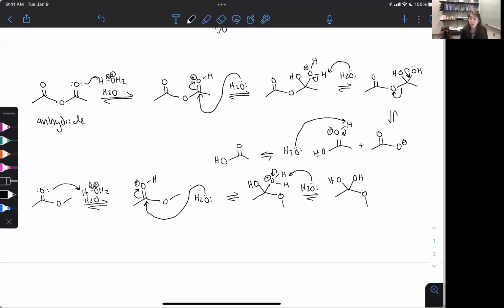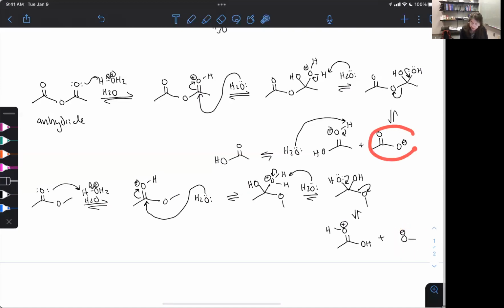Okay, we're ready for our substitution part. So we're going to have the carbonyl form, and the leaving group leaves. Okay, so in this case, I'm not a huge fan of the leaving group that I just drew out, because that's an O minus, and it's a fairly basic one.